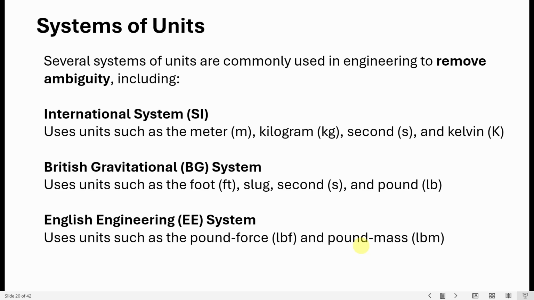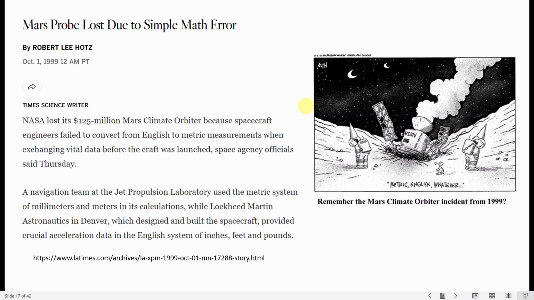We have a different system of units that is commonly used in engineering, and the purpose of this is to remove ambiguity. This relates back to what happened to NASA when they lost their 125 million Mars probe.